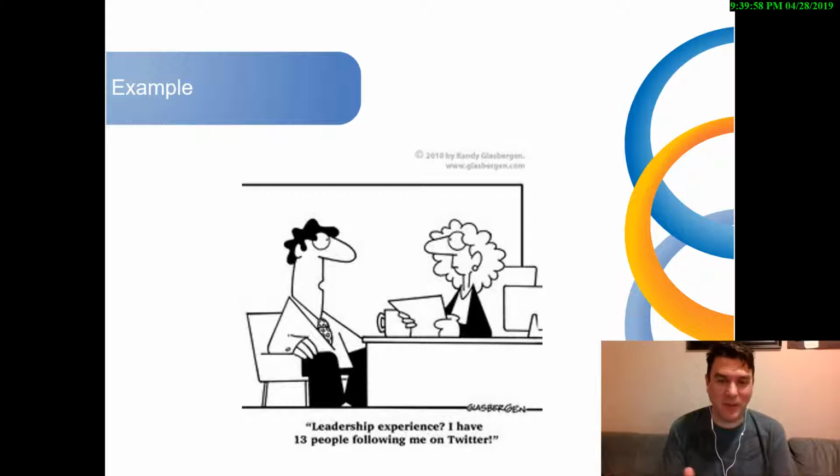So it brings a bit of humor, but also works as a window into talking about what experience looks like from a leadership perspective. How do you know that you've got really solid leadership skills? What does that look like? And is the number of people following you on social media a good reflection of that?